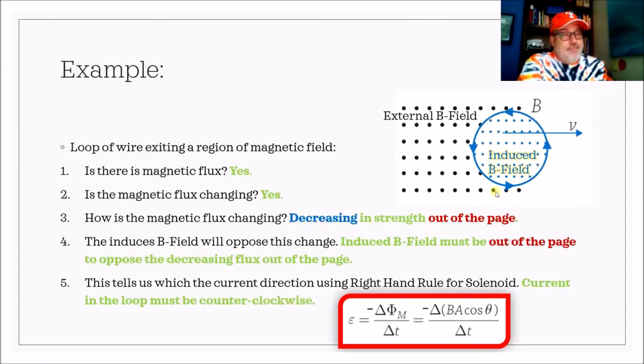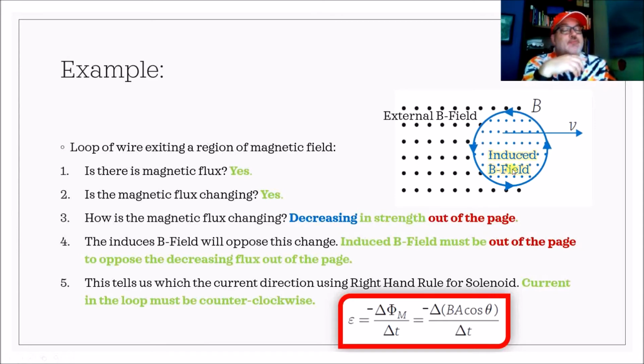Let's try it again. Okay, here's one. We've got a loop of wire that's exiting a region of magnetic field. So here's our magnetic field. It's exiting the field. So do we have flux? Yes. Do we have a change in flux? Yes, because it's out of the page and it's decreasing because less and less area is being covered by this magnetic field.